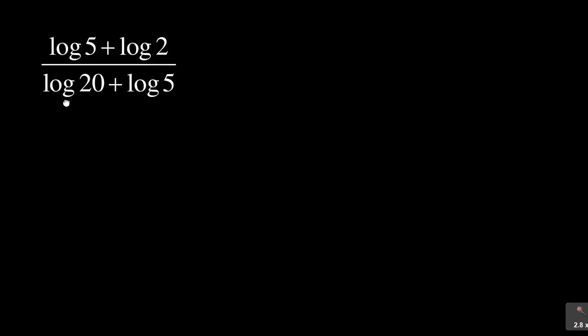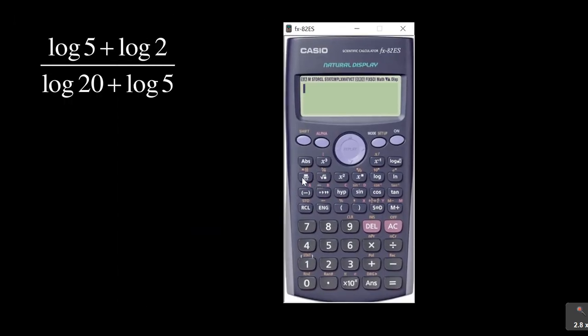Now there is the good part whereby I like to take my calculator and see what my final answer is here. So I punch log 5. Remember, when it opens a bracket, you must close the bracket, plus log, you see there is an open bracket, 2, and I must close the bracket, over log 20.